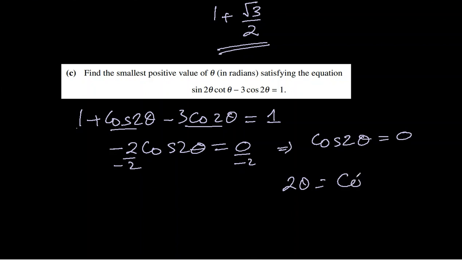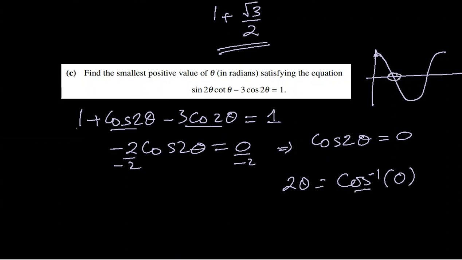2 theta is cos inverse 0. Now this is smallest possible. Now you can use a calculator or just use the graph. For 0, 1 and minus 1, I recommend that you use the graph. So the graph of cos looks like this, because we want cos. This is the cos graph. So where is it 0?